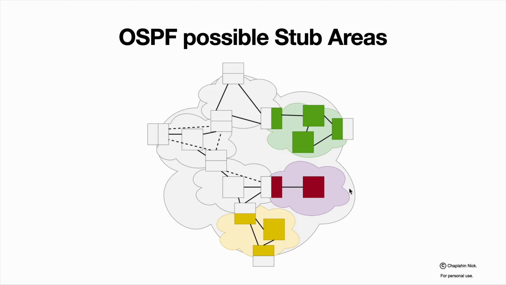So if we know that for any reason, due to physical limitations or due to configuration limitations, there will be no transit traffic in some area, we can call this area a stub area. It means that traffic that generates inside the area is dedicated to devices within the area, or if it's going out, it goes through one device, probably several devices.